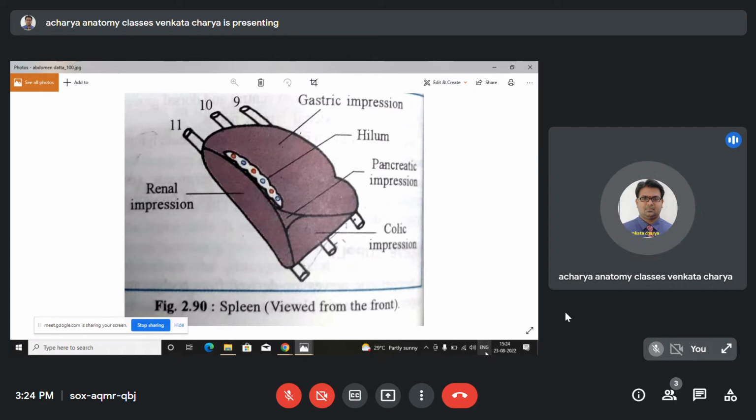First, we discuss borders. Surfaces: two surfaces, costal surface and visceral surface. Then come to the borders.